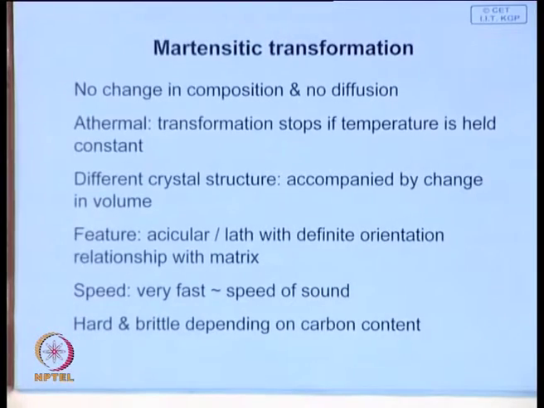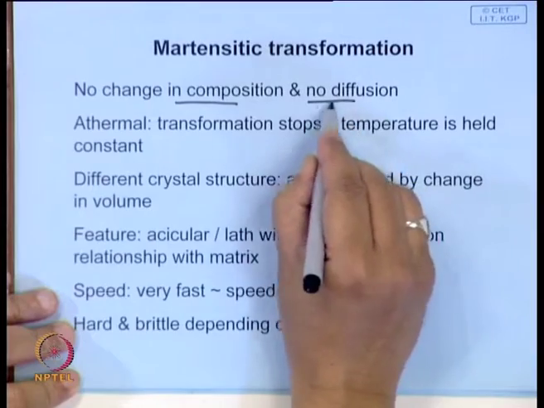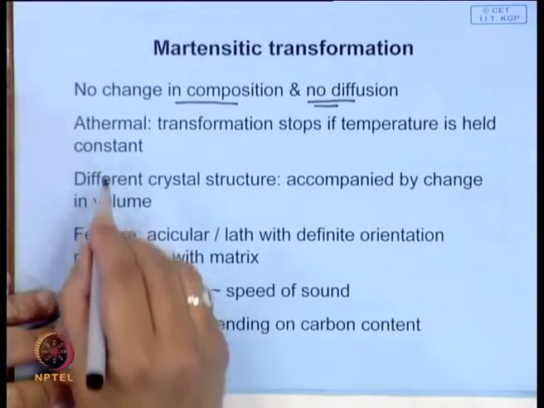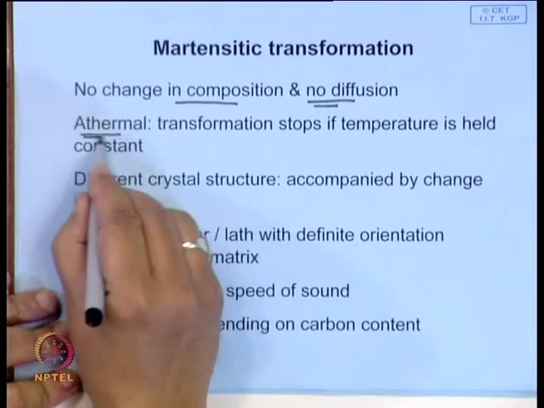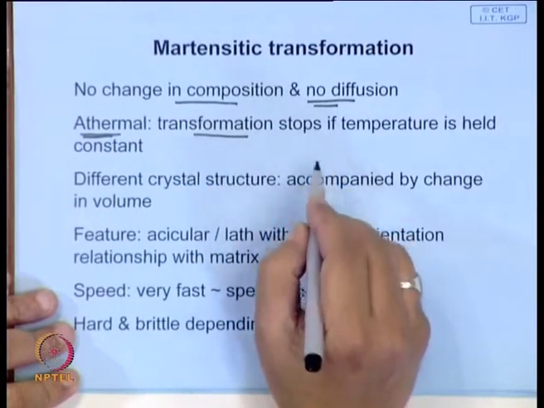If you cool that sample from austenite and quench it in water, we mentioned that you get martensite. Last class we talked about the structure, but it has a few other characteristics which are listed here. Here there is no change in composition, so obviously there is no diffusion, no movement of carbon atoms. It is athermal. The transformation continues as long as the temperature goes down.